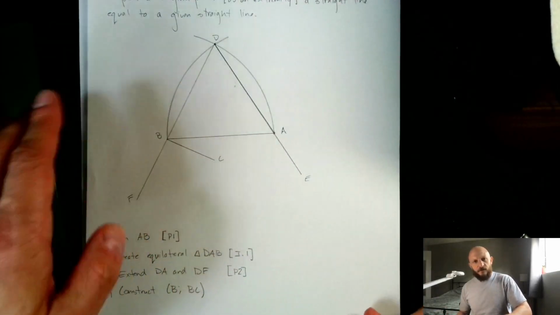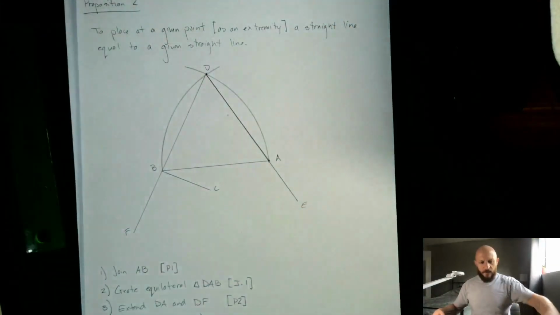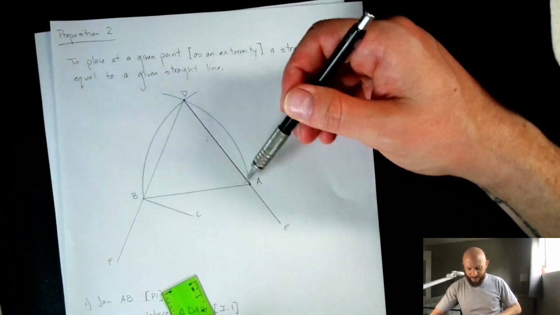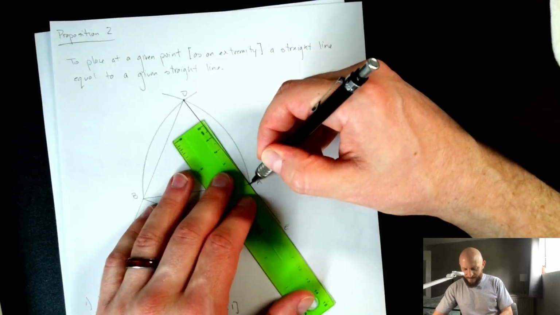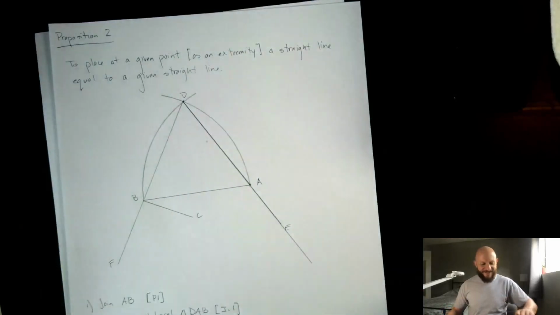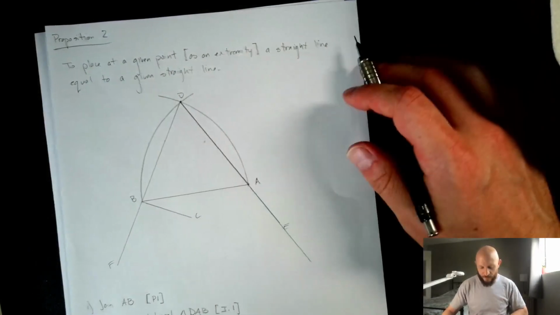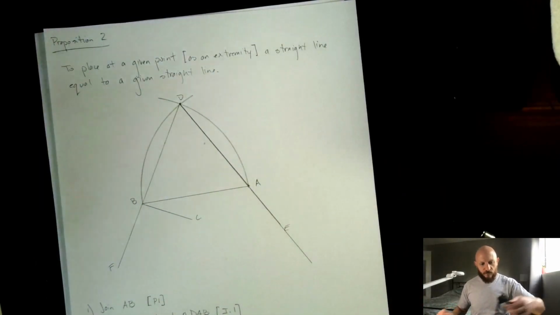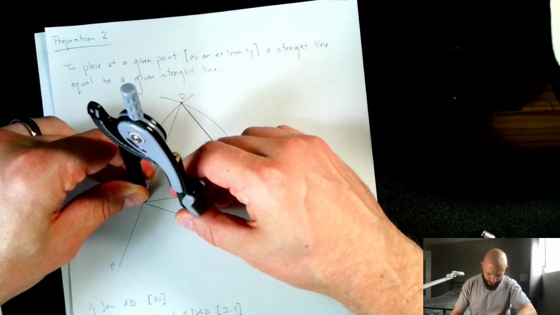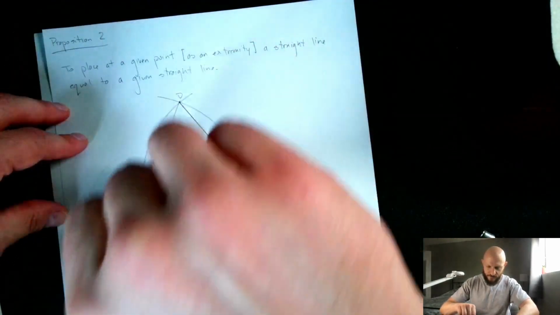BC is the original line that we're trying to recreate over at A. Just to remember, I'm going to make this AE a little bit longer because, just eyeballing it, it's starting to look like the same length as BC, and that's actually where we're going to create the line. Okay, so constructing circle with center B and radius BC. This one I think I can make the full circle and it will not clutter things up too much.